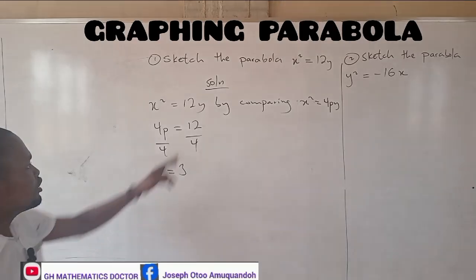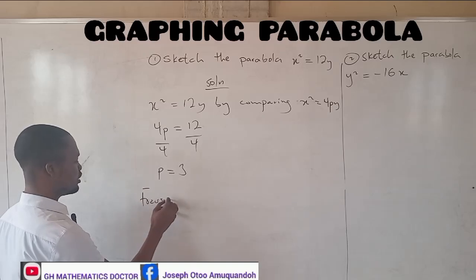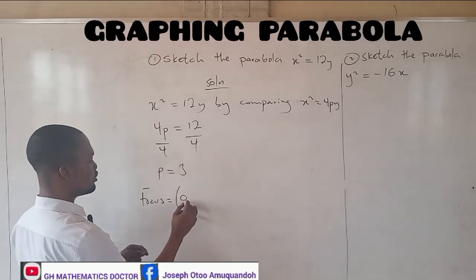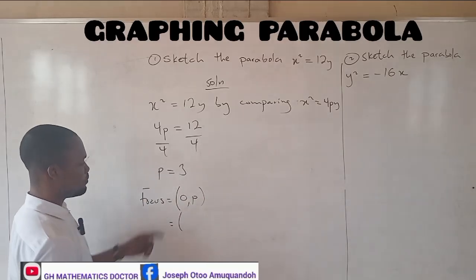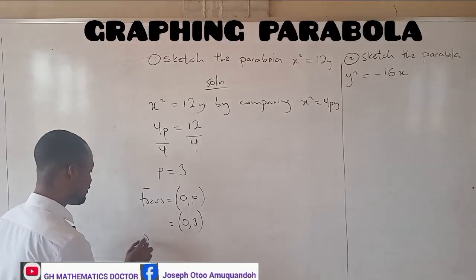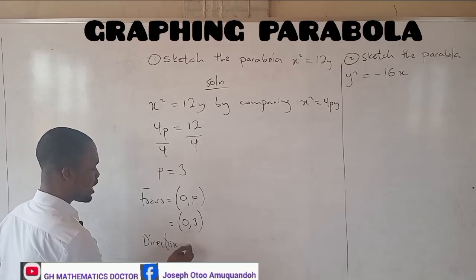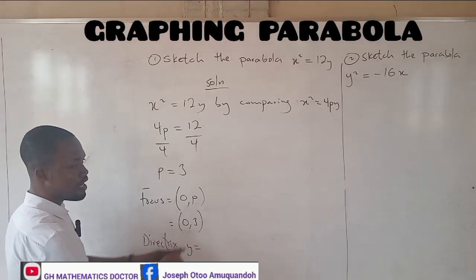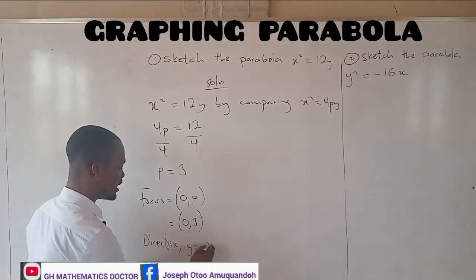So if p is positive 3, then let's find the focus. At this time, you know it's sloping to the positive side of the y-axis. So our focus is going to be (0, p), and with this form, the point will be (0, 3). And you know the directrix is going to be y equal to, if the focus is positive, the directrix will be negative, so y equal to negative 3.